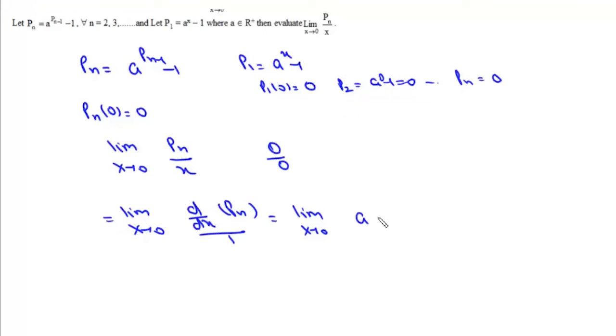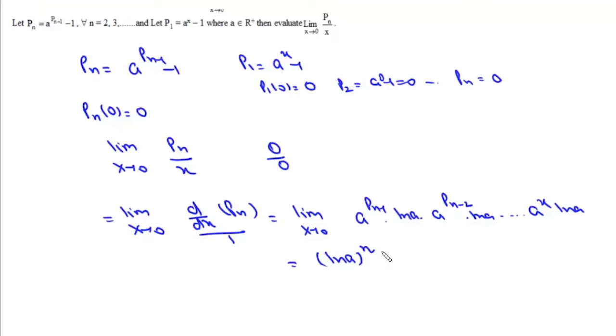Now this is a to the power P_(n-1) log a into derivative of P_(n-1), and derivative of P_(n-1) will be a to the power P_(n-2) log a, and will continue up to this last one, which is a to the power x into log a. Now if we put x as 0, we know that all P_1, P_2, P_n are 0. So a to the power 0 is 1. So value of this limit will be log of a to the power n, and that is the answer to this question.